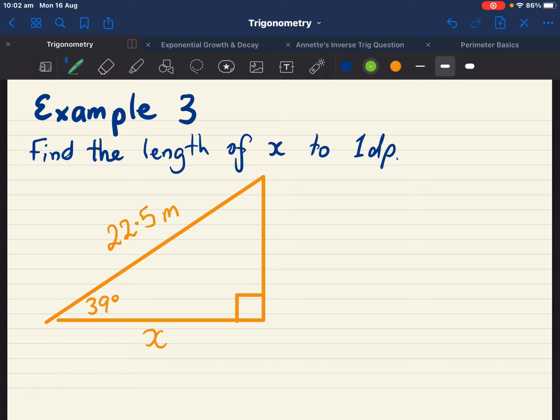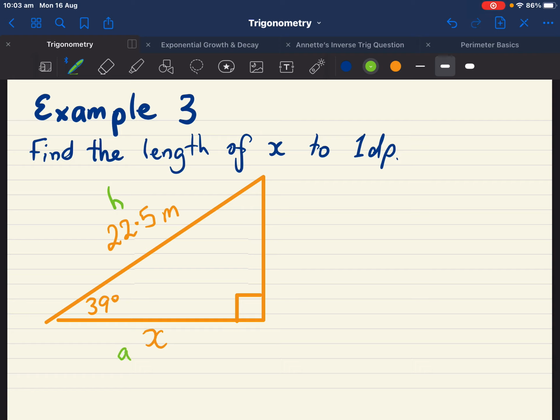Example number 3. Find the length of x to 1 decimal place. Let's go. Step 1, label the sides. Hypotenuse yet again, getting bored of that. And x, well, we go to the 39 degrees. The opposite is over here. That's the blank side. We don't care about the blank side. X is next to the 39. It is adjacent to the 39 degrees.